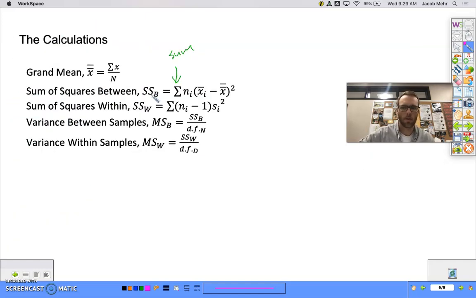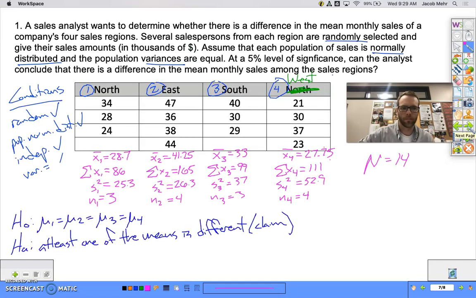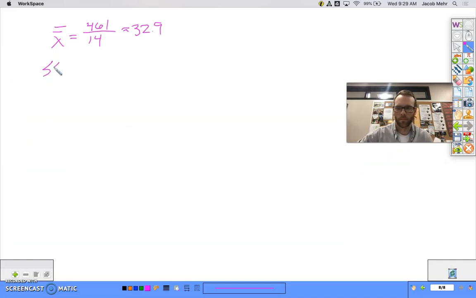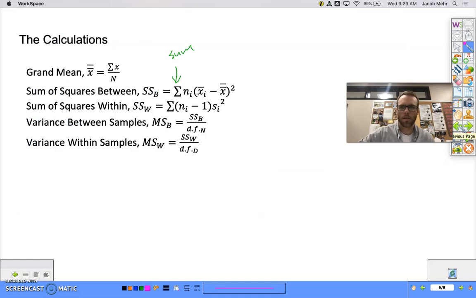All right, what are we going to calculate next? The sum of the squares between. Now, take a look at what this is telling us to do again. We need to take, for each sample, the sample size times the sample mean minus the grand mean. So this is the difference between the sample mean and the grand mean squared.